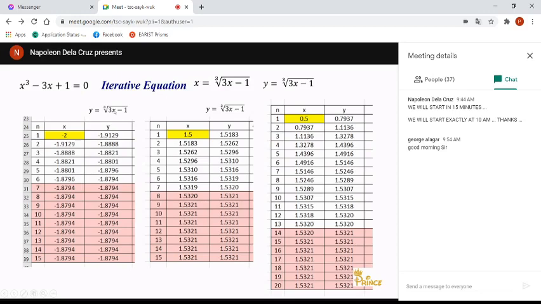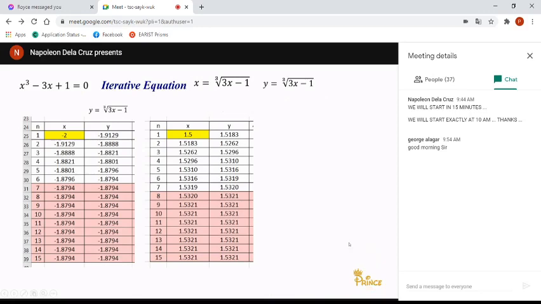Okay? So therefore, tignan ang ating values, nag-converge here, negative 1.8794, nag-converge here, 1.5321, then nag-converge here, 1.5321.